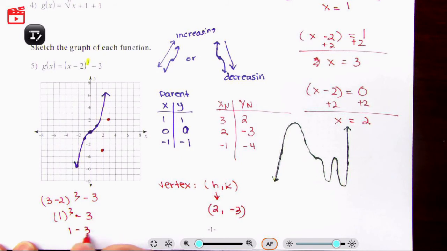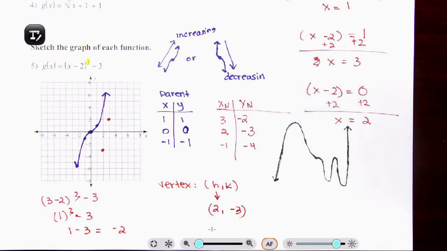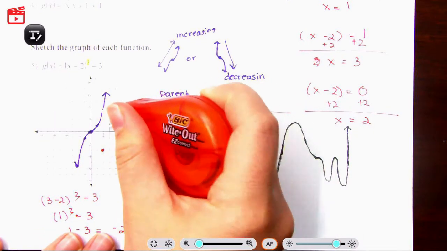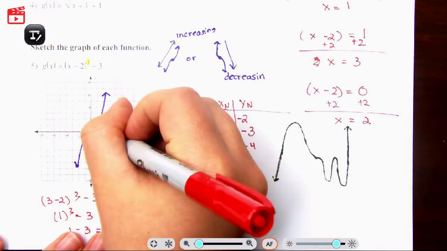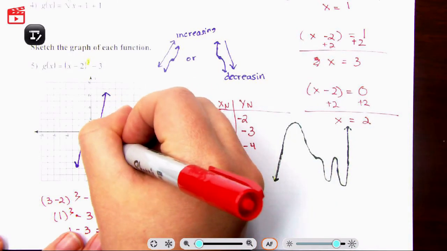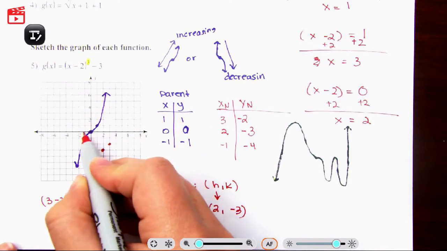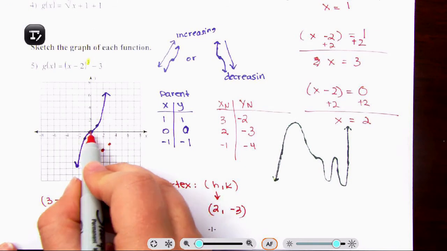So 1 minus 3 is negative 2. So this should have been negative 2. Let's go ahead and change that. So this is (3, -2), (2, -3), and then (-1, 4).